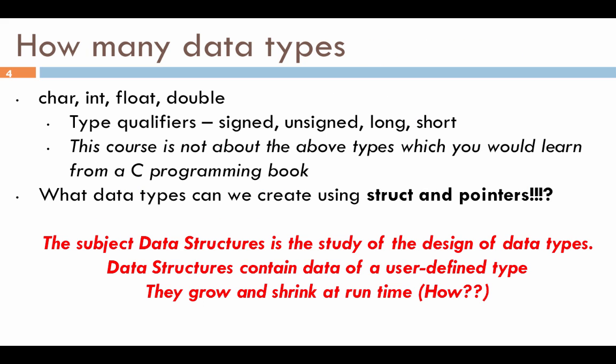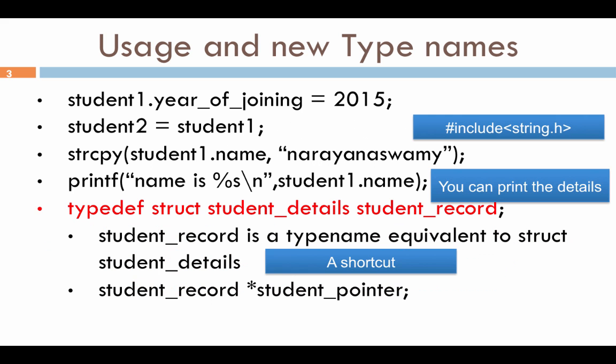I repeat, the pointer to a data type is by itself a data type by which you can create variables of that particular data type. Example, observe that student pointer is a variable, and if somebody asks what is the data type associated with this variable, the answer that you have to give is that the data type of this particular variable, student pointer, is a pointer to student record.